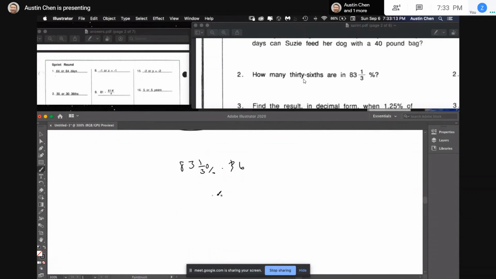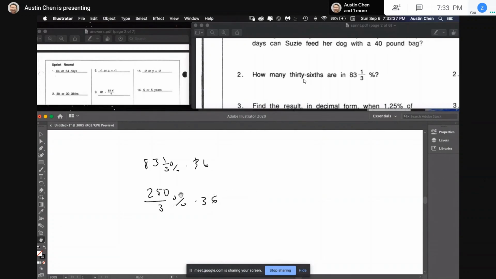You can do this in multiple ways. Okay, let's do the convert into fraction way. Converting this into a fraction, it's going to be 83 times 3 plus 1, which is 249 plus 1. So that's 250 over 3% times 36.